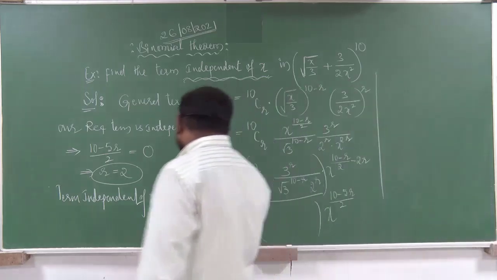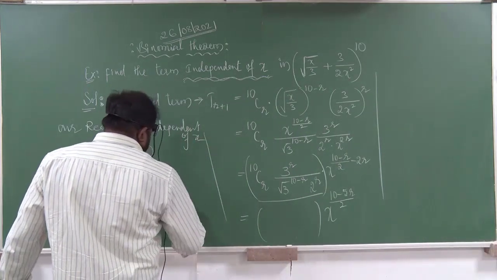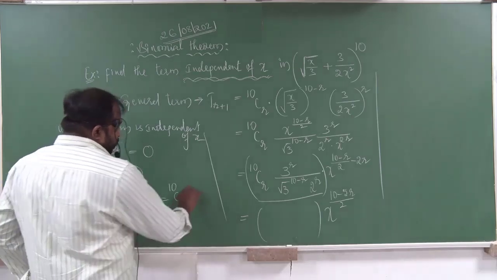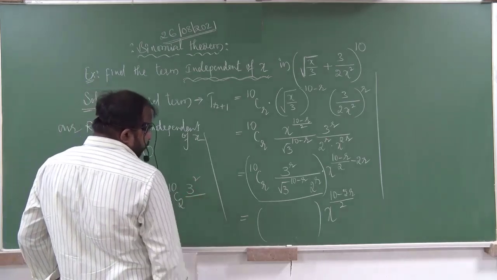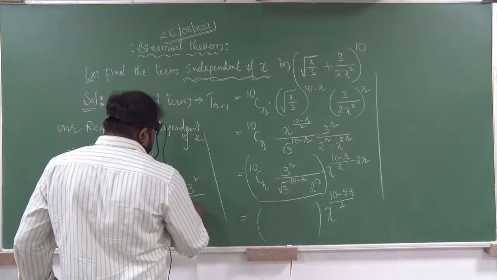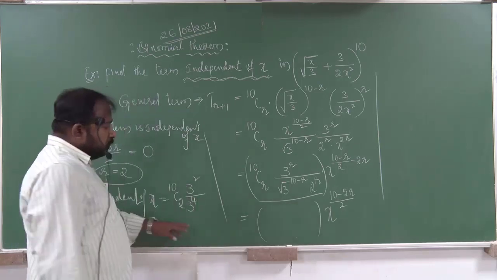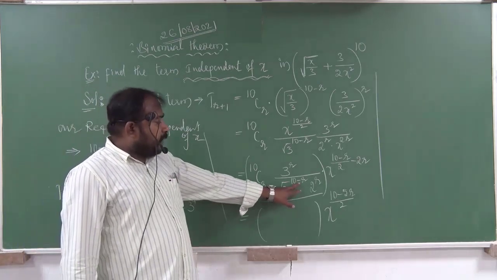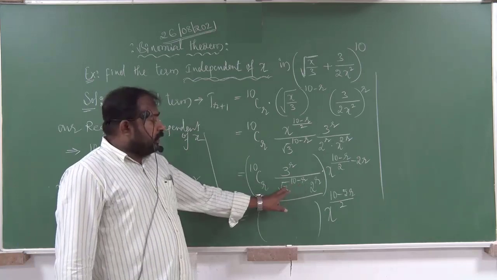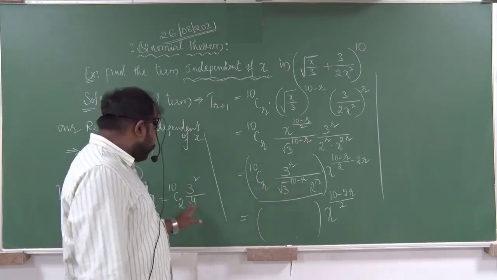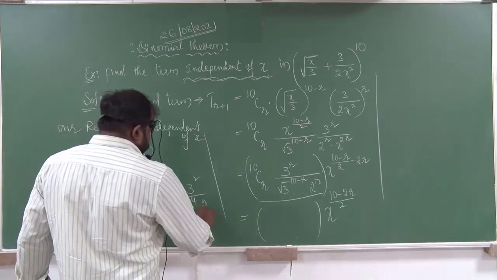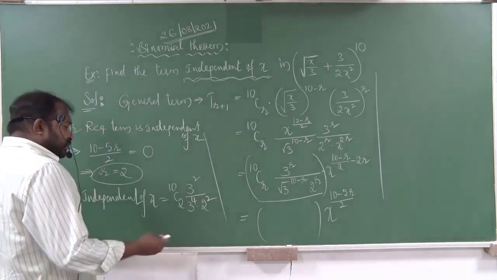What is that value? 10c2 into 3 square by denominator value 3 power 4. Why will I write 3 power 4 here? 10 minus 2 is 8, root 3 is there, so 8 by 2 means 4. Into 2 square is the value. Then simplify.